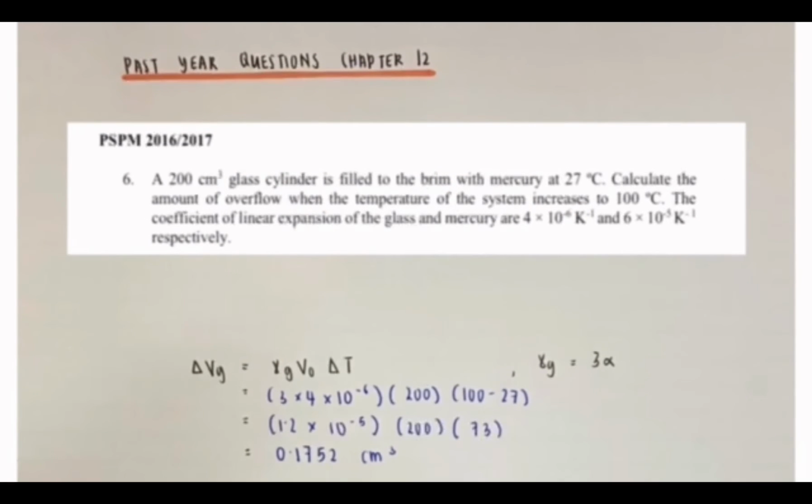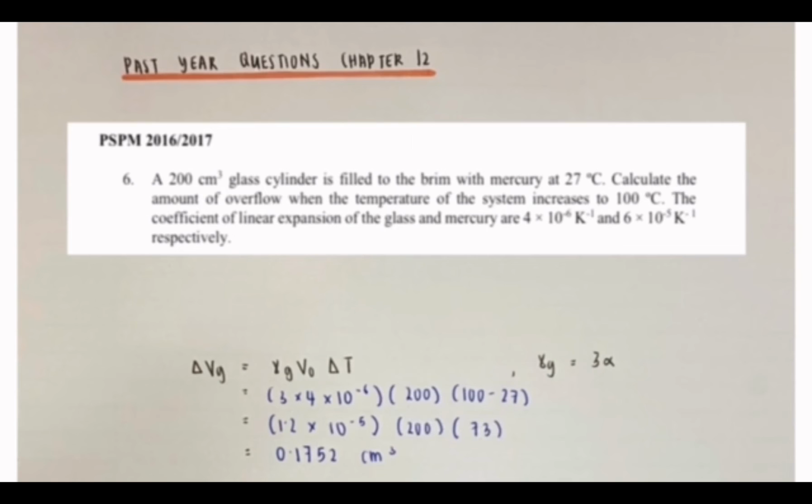Thank you. For question 6, a 200 cm cube glass cylinder is filled to the brim with mercury at 27 Celsius. Calculate the amount of overflow when the temperature of the system is increased to 100 Celsius. The coefficients of linear expansion of the glass and mercury are 4 times 10 negative 6 Kelvin negative 1 and 6 times 10 negative 5 Kelvin negative 1 respectively.